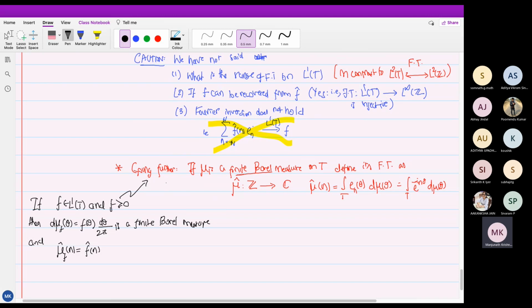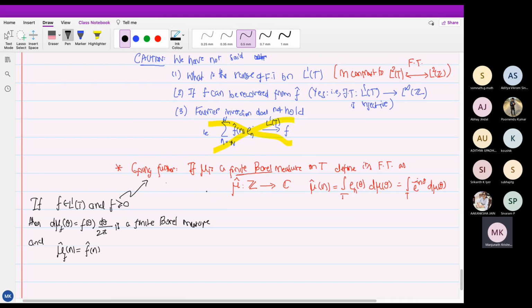Strictly speaking, it is not an extension, because here you need non-negativity, since for me measures are positive measures. If you really want to say extension, you have to consider general complex measures, which are nothing but linear combinations of positive measures, of the form mu1 minus mu2 plus i mu3 minus i mu4. If you know the Jordan decomposition, we can talk about complex measures. Then we can say it is really an extension. But I don't want to get into this issue.